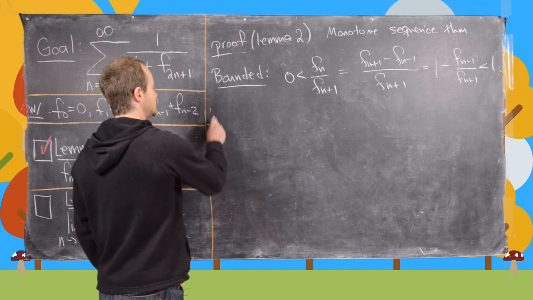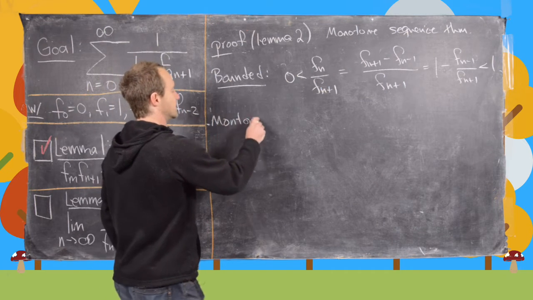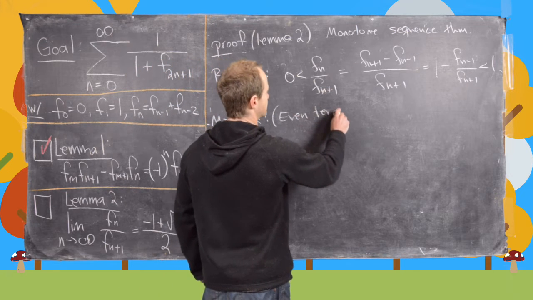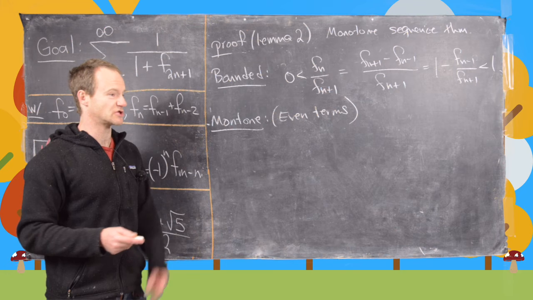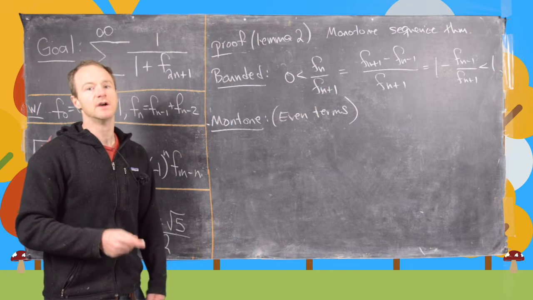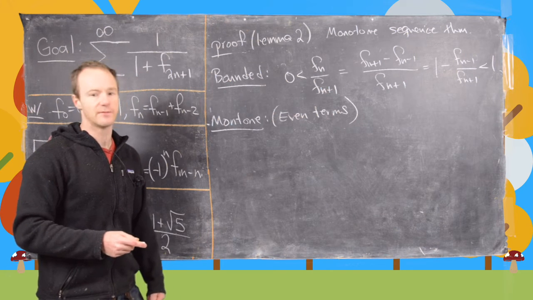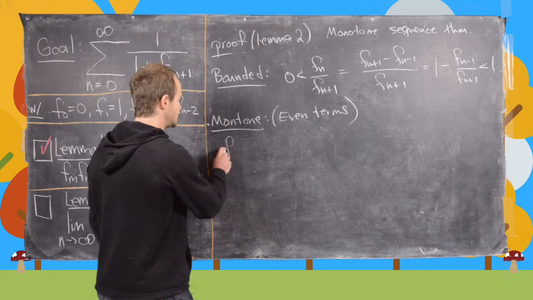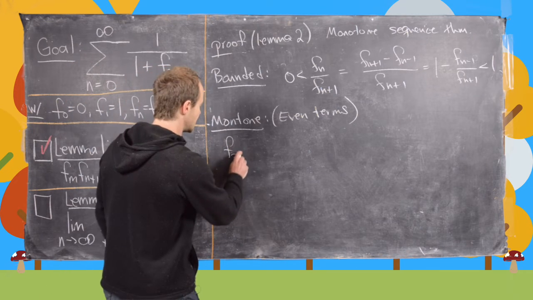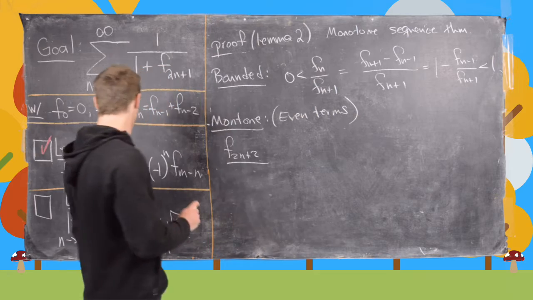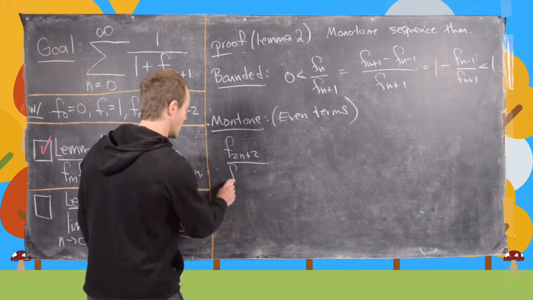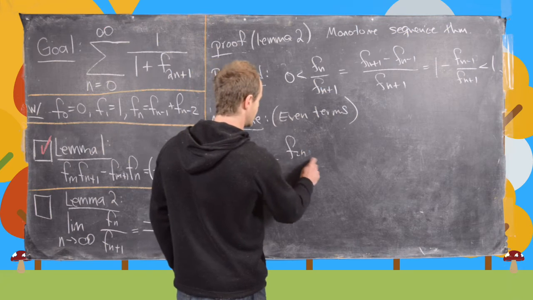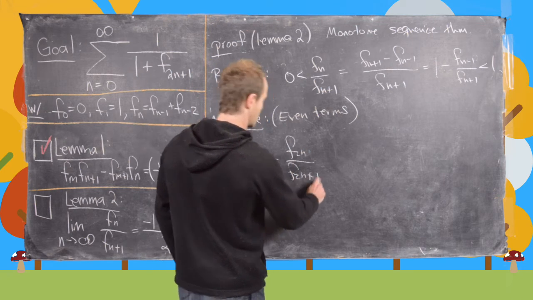And so the next thing that we'll do is show that this is monotone, and we'll actually look at the even terms. Technically we're just finding the limit of the even terms, but it's not too hard to show that the limit of the entire sequence will be exactly what we get. Okay, so let's take the difference of two consecutive even terms. So let's say F_{2n+2} over F_{2n+3} minus F_{2n} over F_{2n+1}.